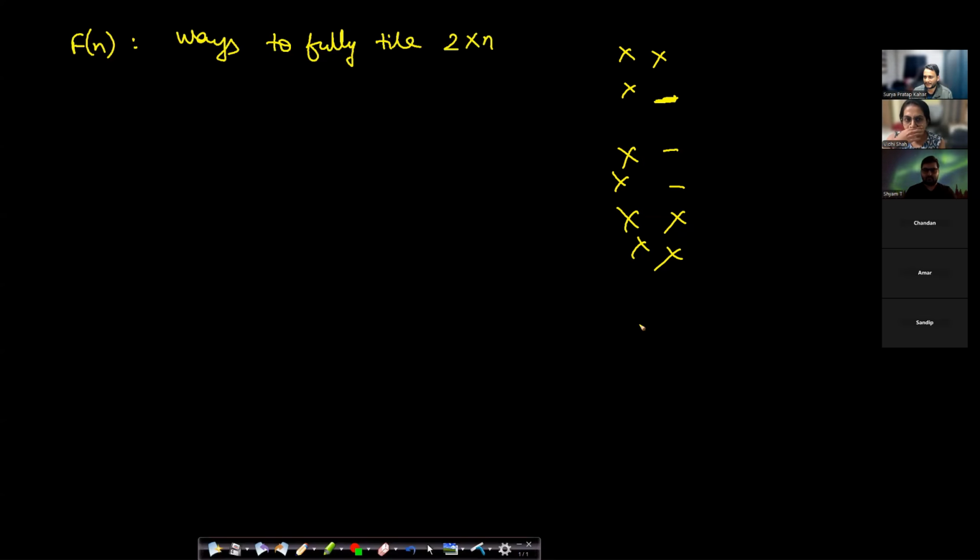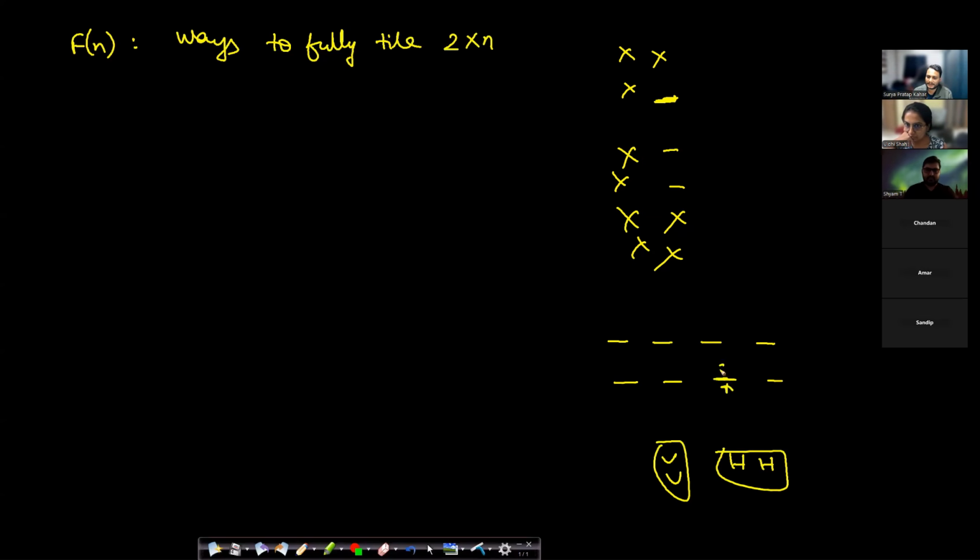Think about it. I don't care how many cells you have. Try to only take the domino, whether it is a vertical one or a horizontal one, and try to give me a case where you say that this is empty and this is full, and you are filling from left to right, and all the cells on the left side are full. I mean, you cannot fill this as full and say that it was empty, right? So those kinds of cases are not allowed.